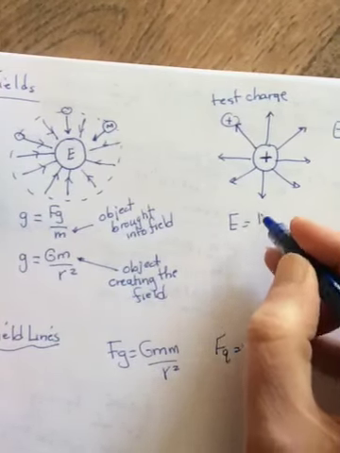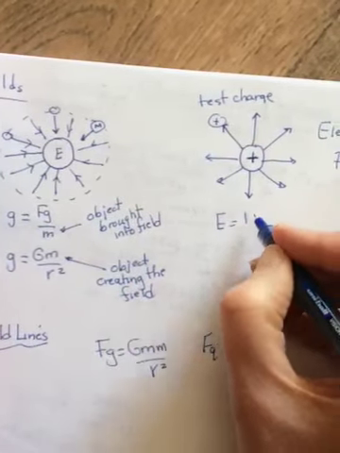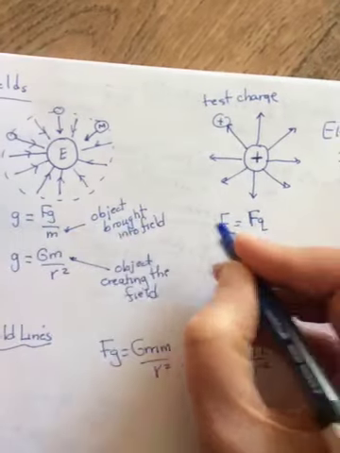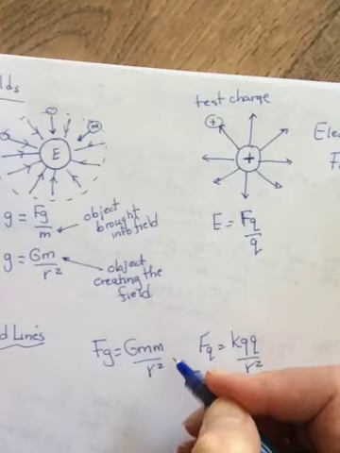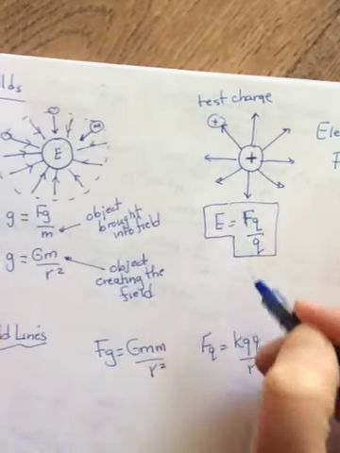So they're totally parallel. Capital E will be equal to Fq instead of Fg, and instead of the mass, it's the charge of the object that's important. So one of our equations for electric field is this.